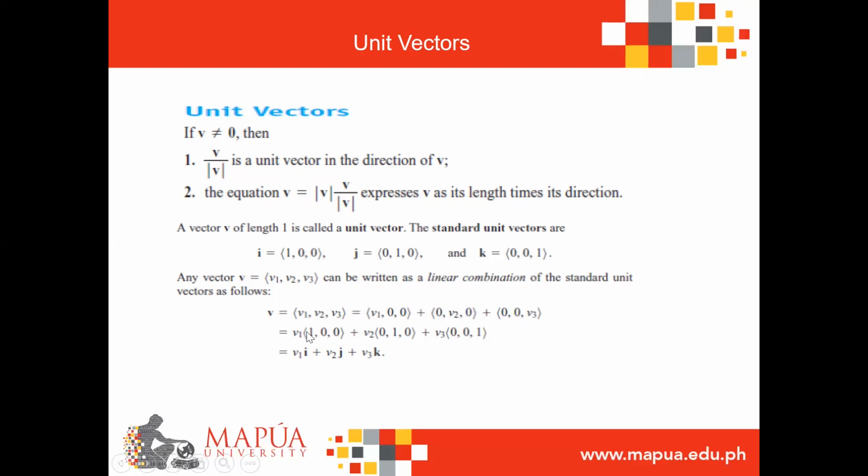So we have v1, and it is now 1, 0, 0 plus v2, and it is now 0, 1, 0 plus v3, it is now 0, 0, 1. As you can see, these components that we have here in our vectors are your vectors i, j, k. So we can now write this vector v as a linear combination of the standard unit vectors as v sub 1 i plus v sub 2 j plus v sub 3 k.